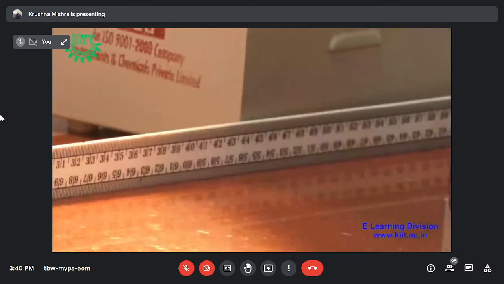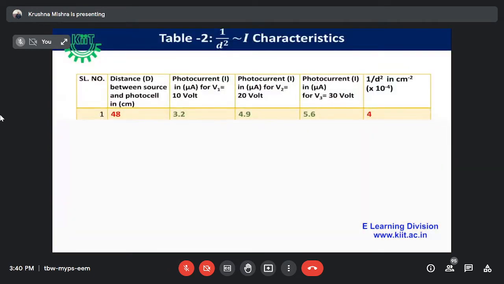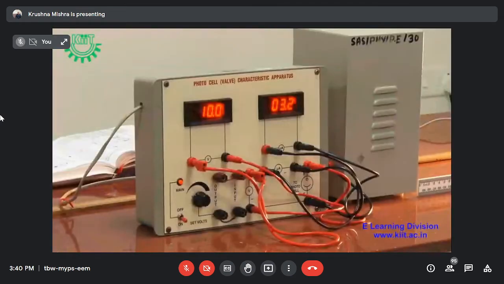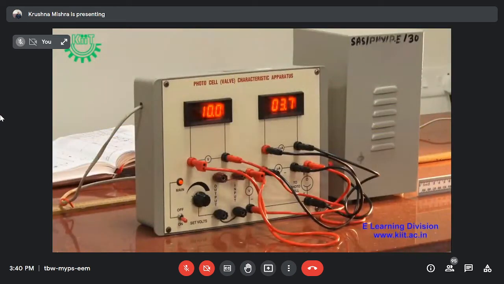Now it is 44, and you can see this is 3.8. Initially it was 3.2, then when the distance decreases by 4 cm, it becomes 3.8 for 44. I will go on decreasing the distance between source and cell, and I will go on watching the photocurrent.